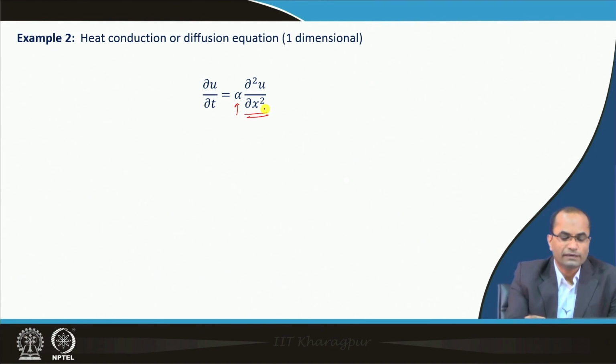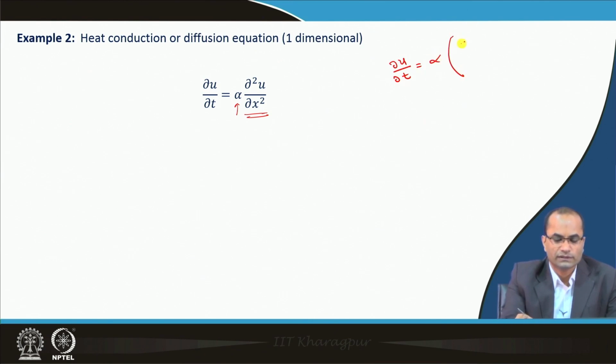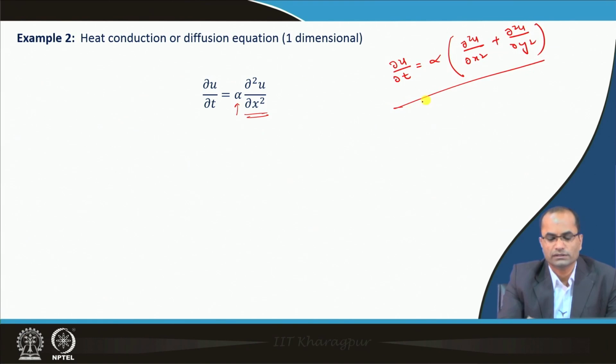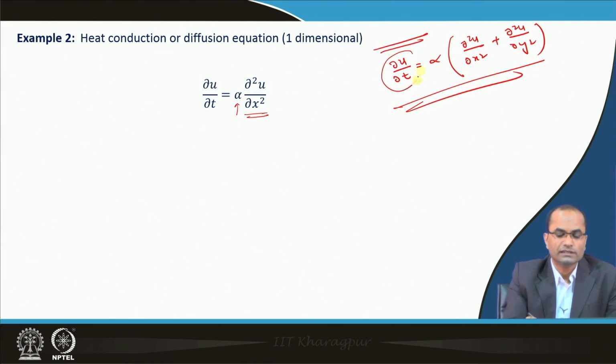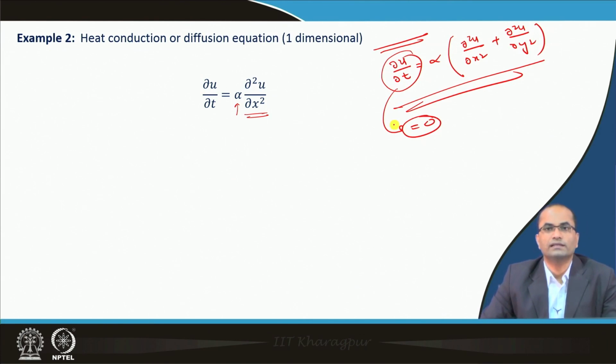If we write this in 2 dimensions, it takes the form of del u over del t equal to some constant times the second partial derivative with respect to x plus the second partial derivative with respect to y. So, this is the two dimensional heat conduction equation, and for the steady state heat conduction equation, there is no change with respect to time, that means del u over del t is 0.